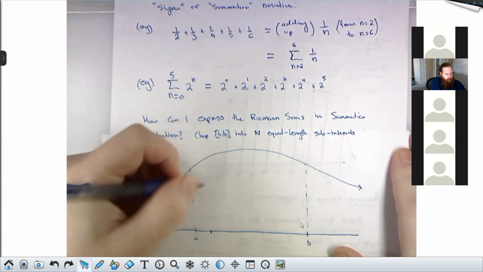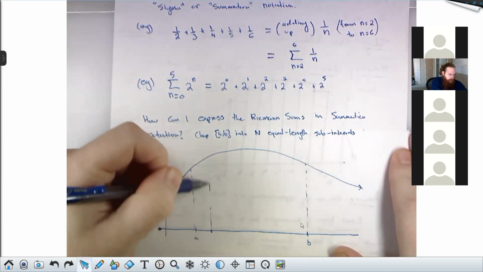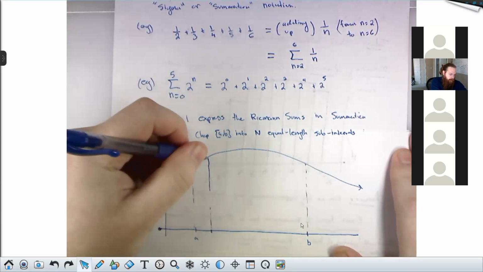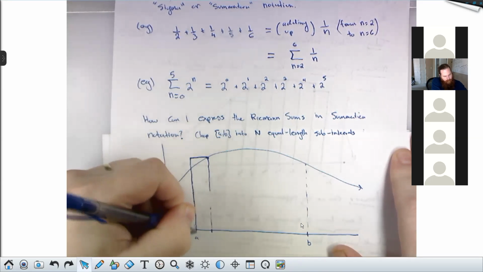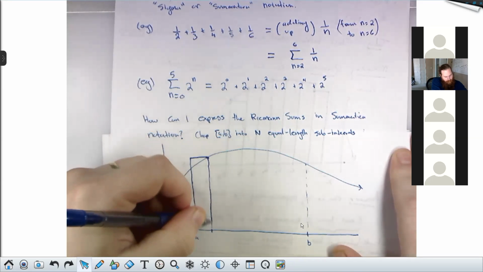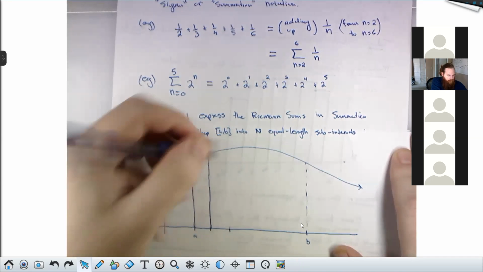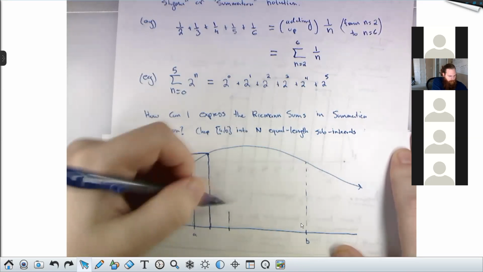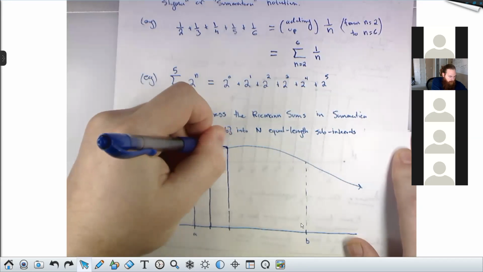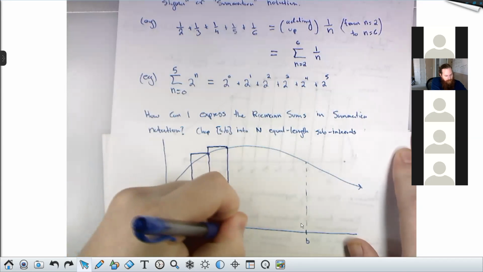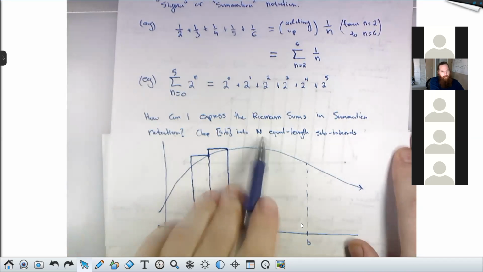So here would be that first subinterval and that first rectangle. And the second subinterval and the second rectangle. But I'm going to put some dots in here to say, I'm going to allow capital N to be like a variable.